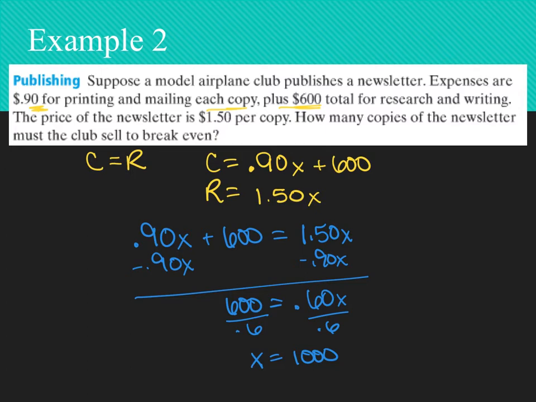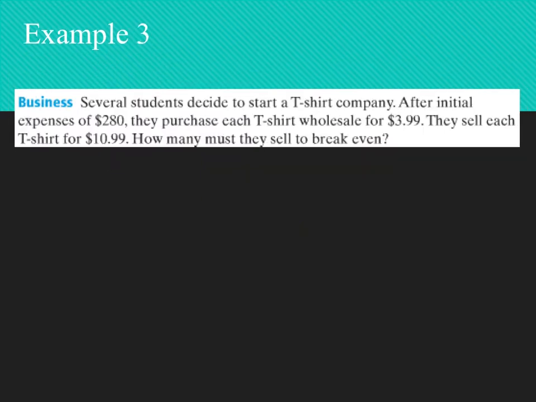Now keep in mind that x is the total number of copies. So you do need to remember to put your label on these. So you have to sell 1,000 copies in order for your income or your revenue to equal the cost.